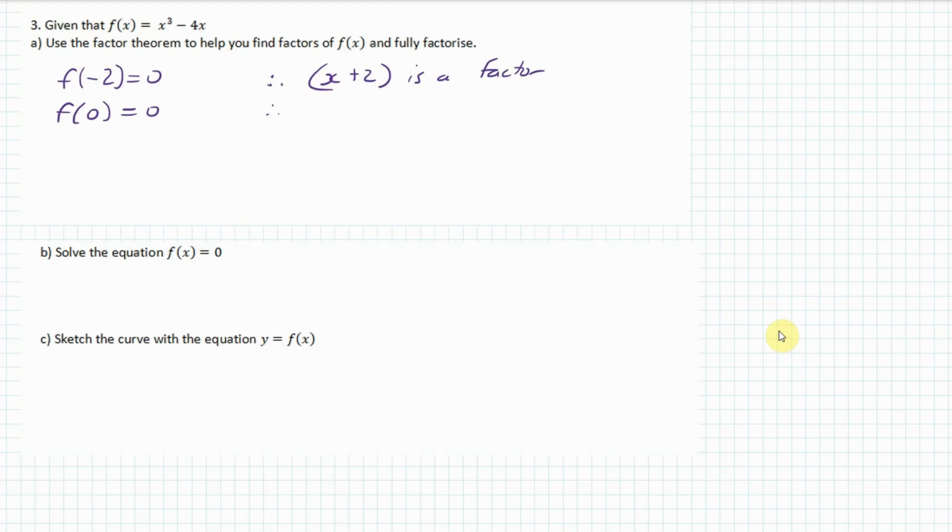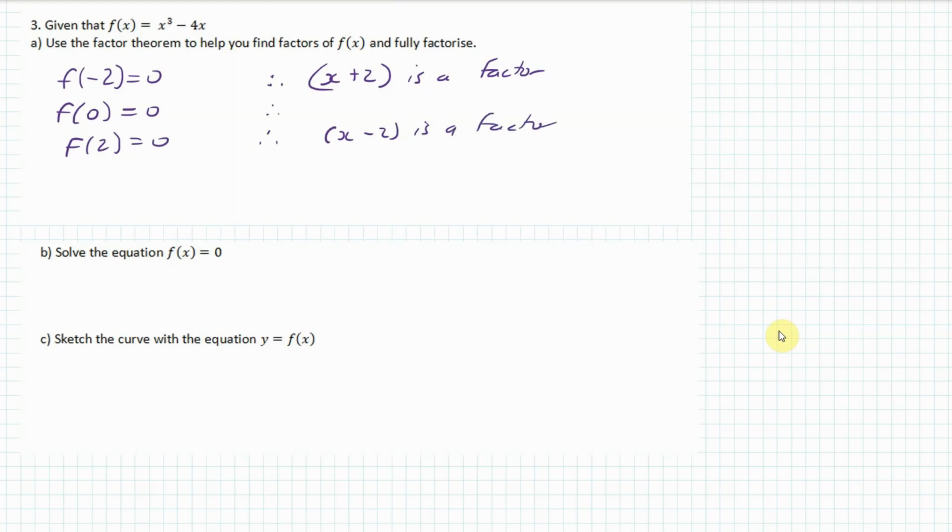So we've got x as a factor there. Then we've got f(2) is equal to 0. Therefore, x minus 2 is a factor.